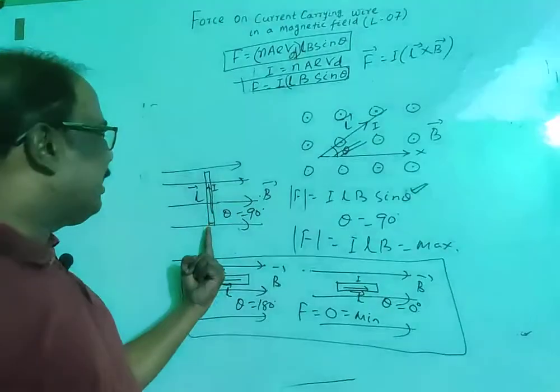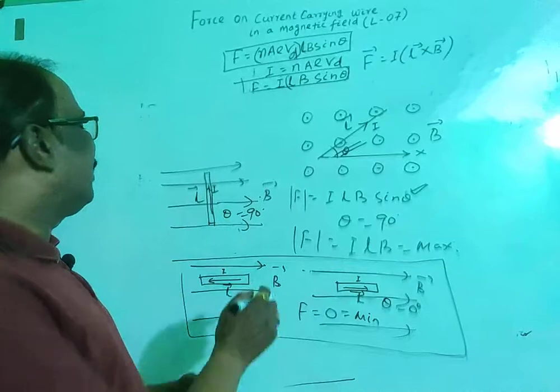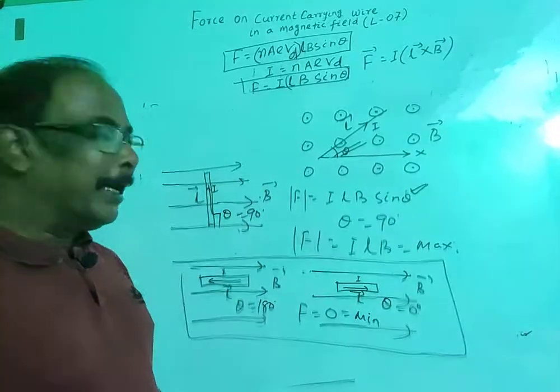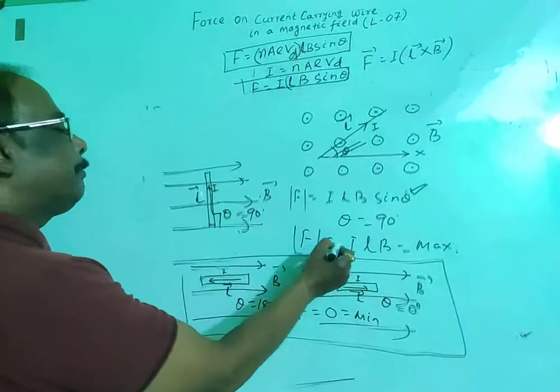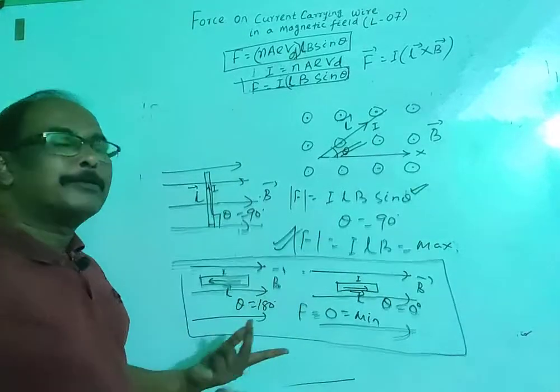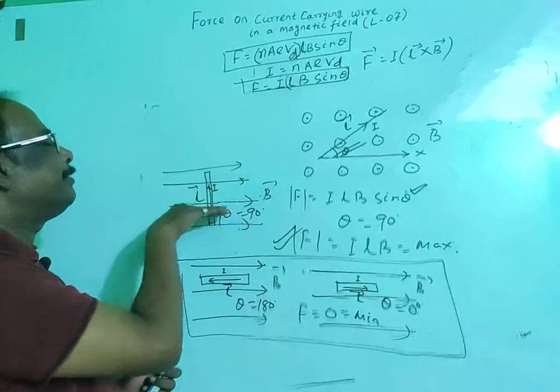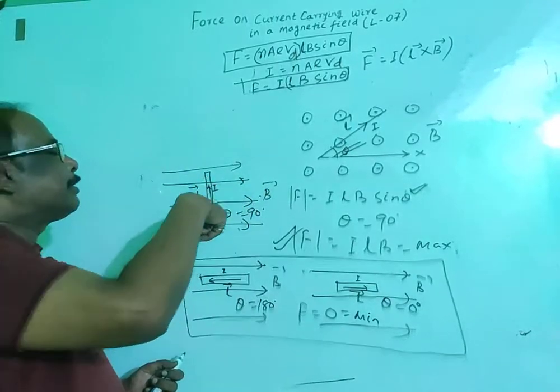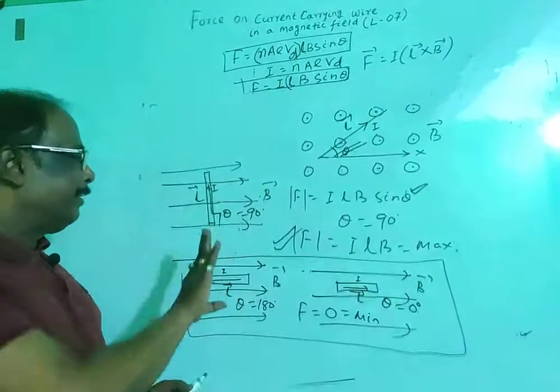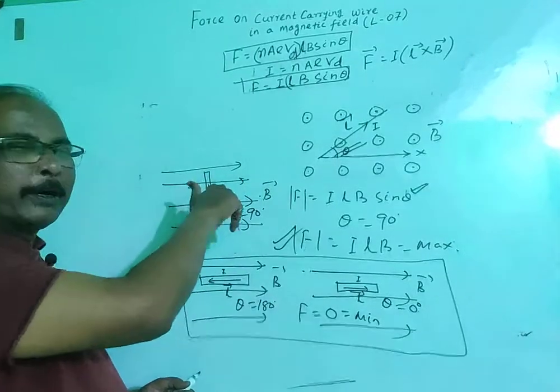If the current carrying conductor is placed perpendicular to the direction of magnetic field, then force is equal to ILB, that is maximum. Again, the direction: in this case, this is the direction of length, this is the direction of B, L cross B, and the force is in the opposite sense. L cross B, just use the cross product, it is easier.